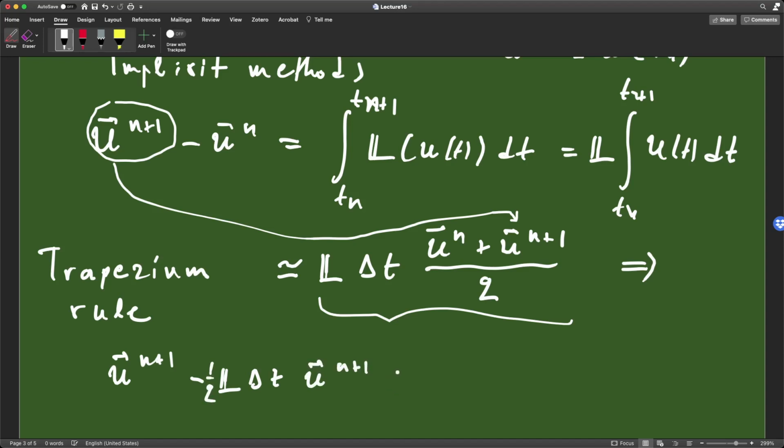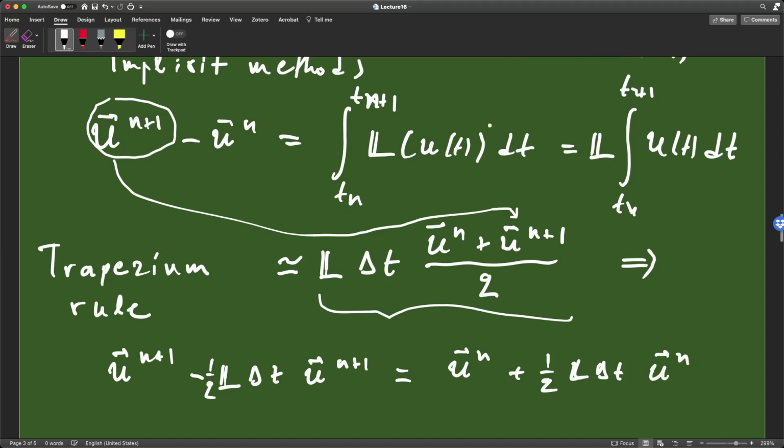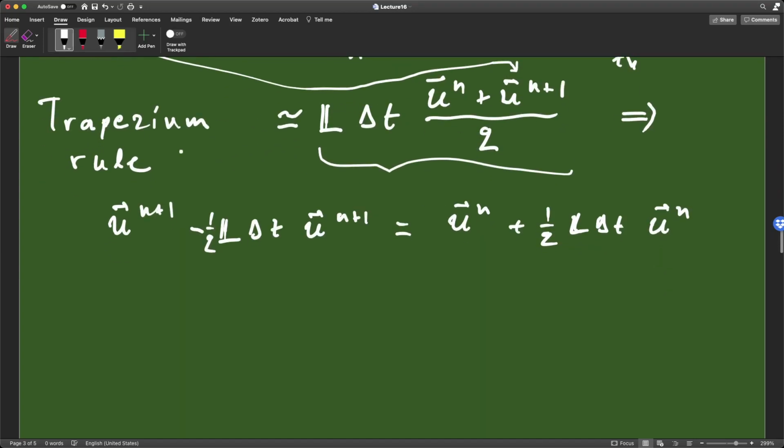And then on the other side, we can take this Un to the right hand side. We'll have Un, and then this term right here, plus 1/2 L delta t Un. And now we can actually factor out the U on both sides.